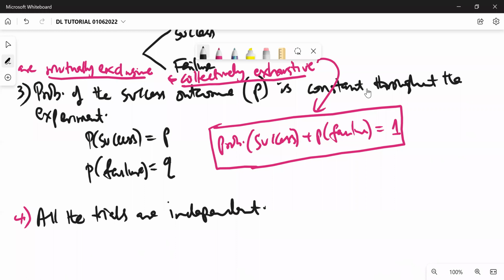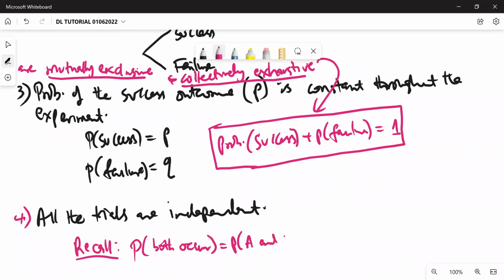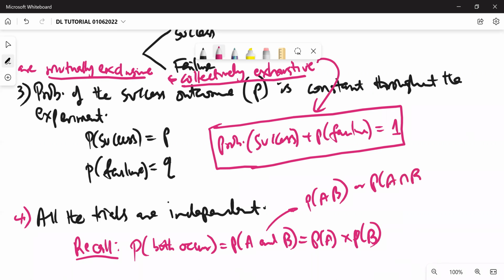If you recall, the concept of independence is that if two events A and B are independent, then the probability of both occurring, that is, the probability of A and B occurring, is the same as the probability of A multiplied by the probability of B. Sometimes this can be written as probability of AB, or probability of A intersection B. They all mean the same thing.